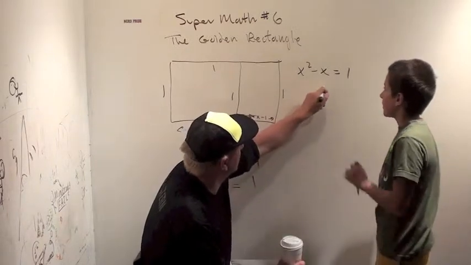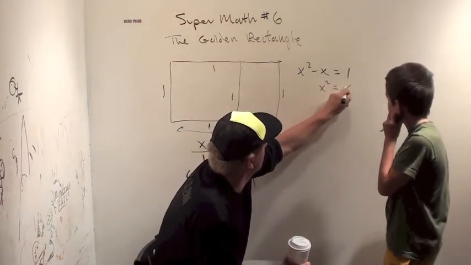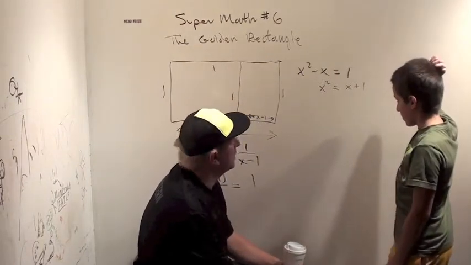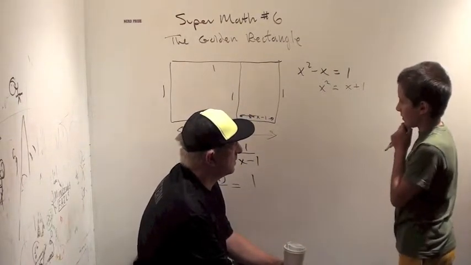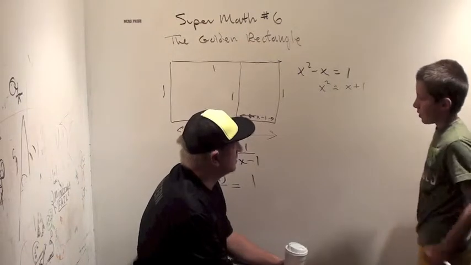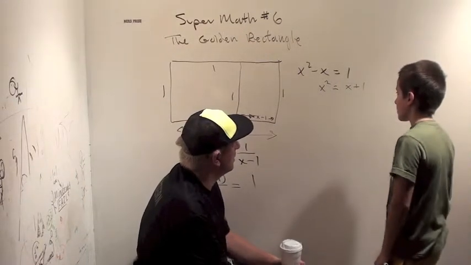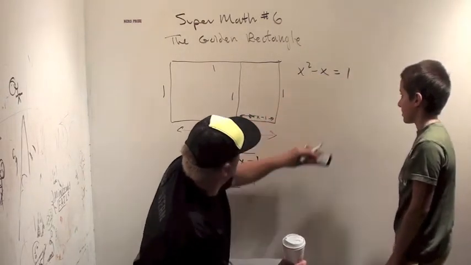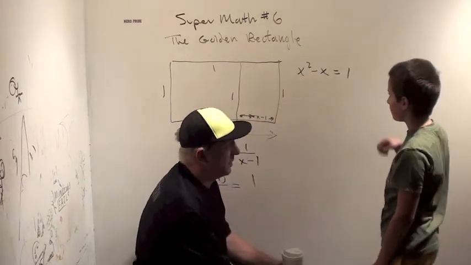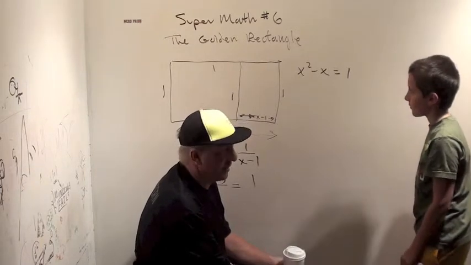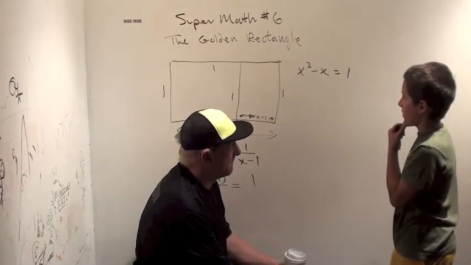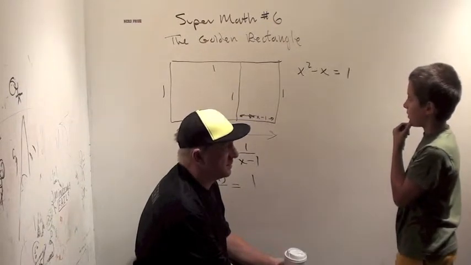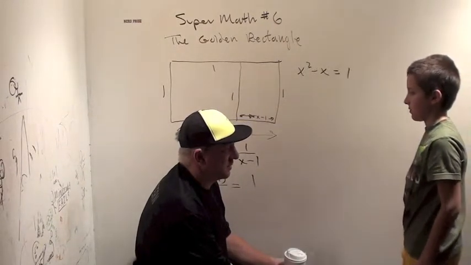That's true, it does say x squared equals x plus 1, but does that help us? Not really. So what squared is something plus 1? Or what squared minus the same something is 1? How do we solve an equation like that? Well, we could try some values.